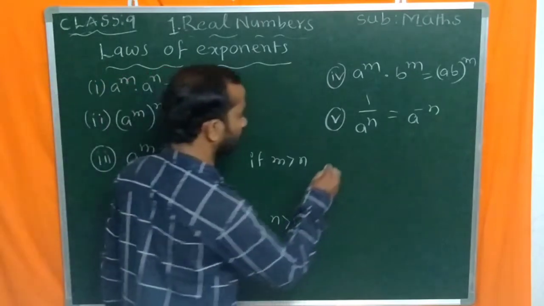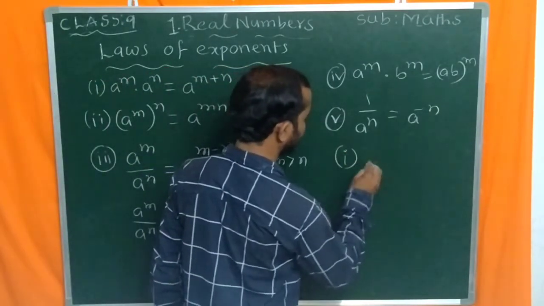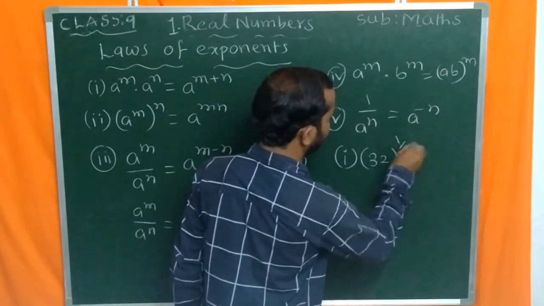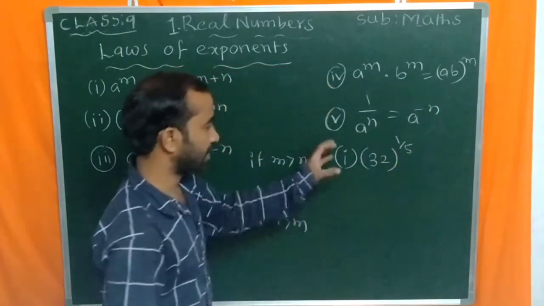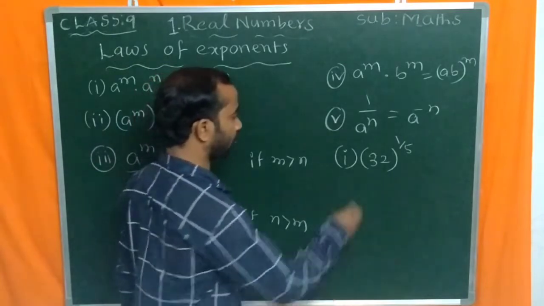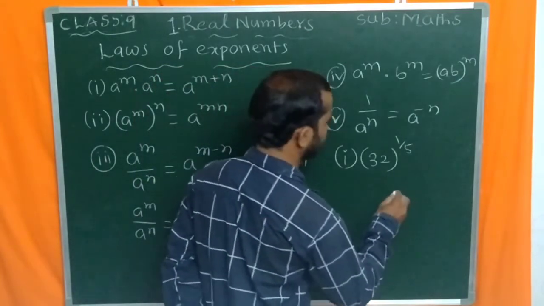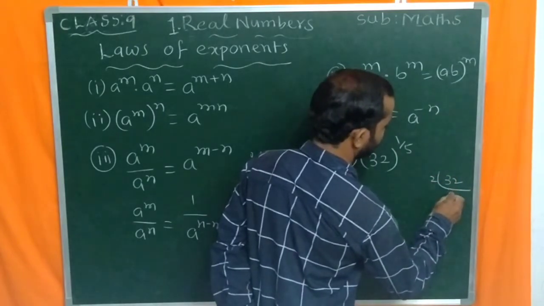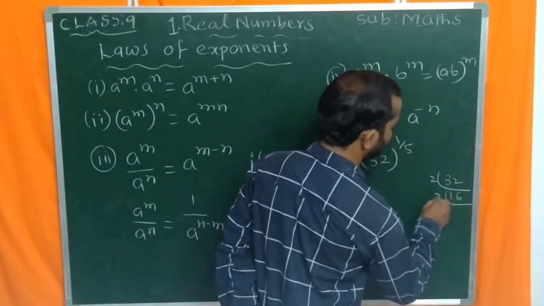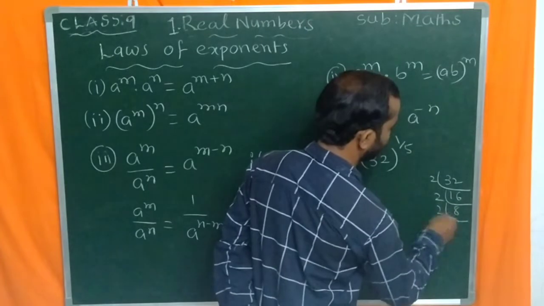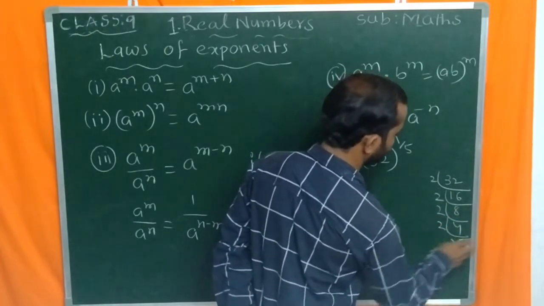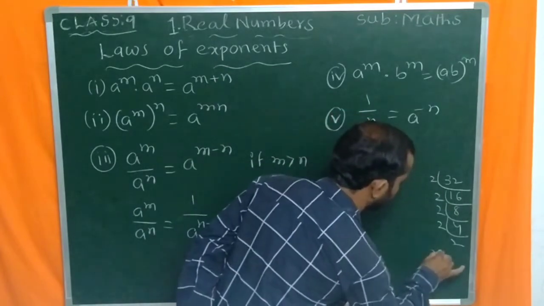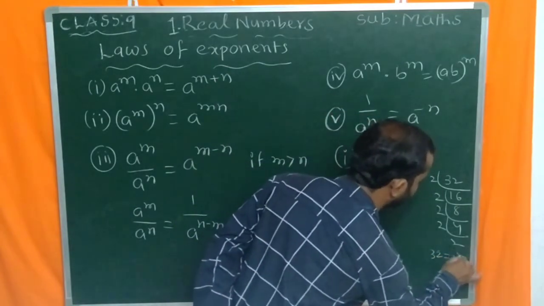For example, first problem: 32 whole to the power of 1 by 5. Simplify this exponent. First of all, 32 can be written as 2 times 16, 2 times 8, 2 times 4, 2 times 2, so 2 to the power of 5.